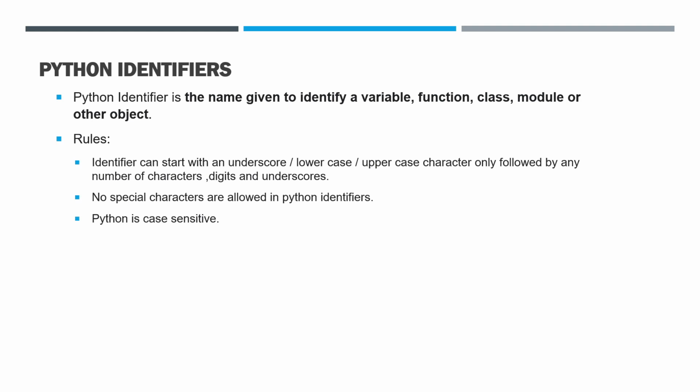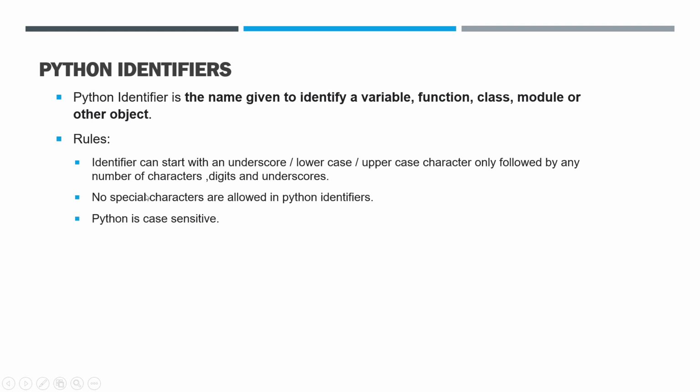The rules for Python identifiers are as follows. First, an identifier can start with an underscore or a lowercase or uppercase character, followed by any number of characters, digits and underscores.